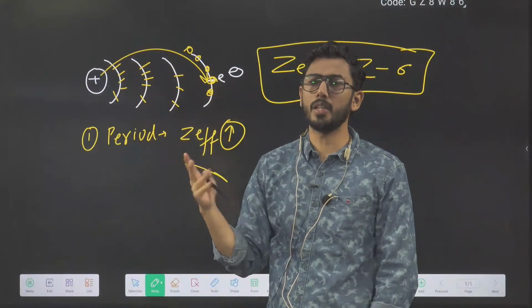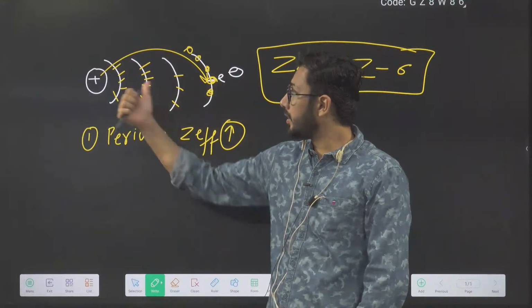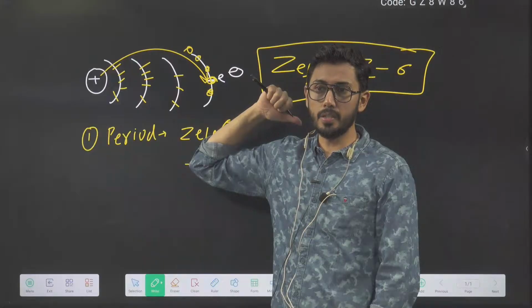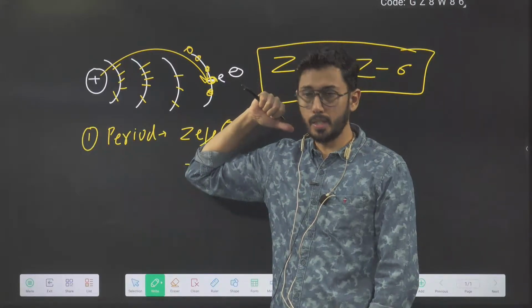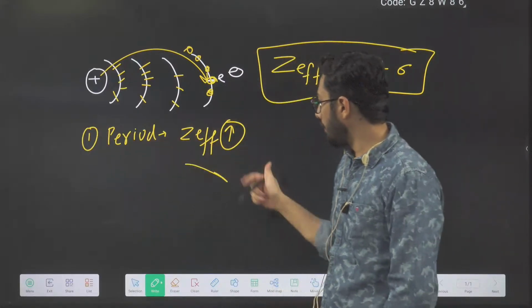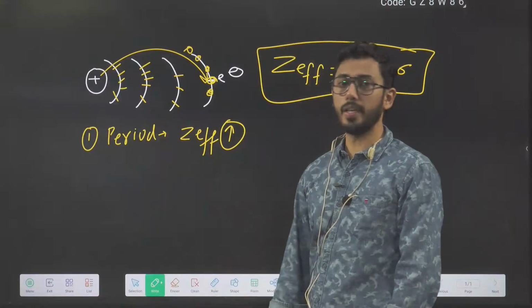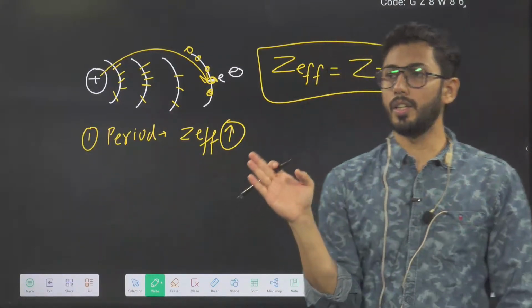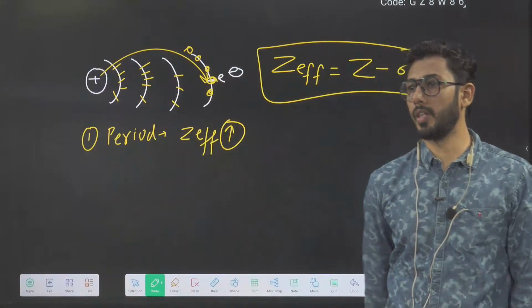The shielding effect is not increasing, but the nuclear charge continuously increases as we move across the period. Therefore, along the period, Z effective overall increases because inner shell electrons are not increased and shielding effect is the same.